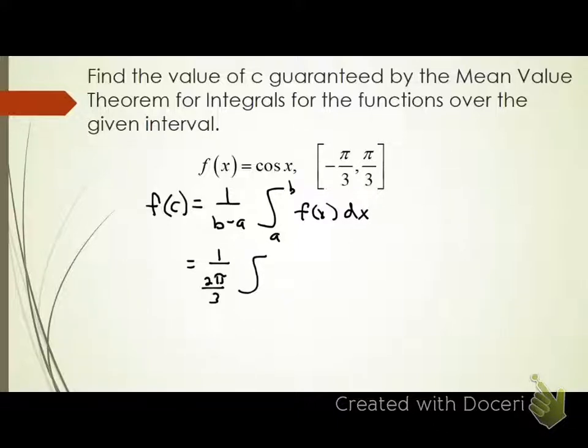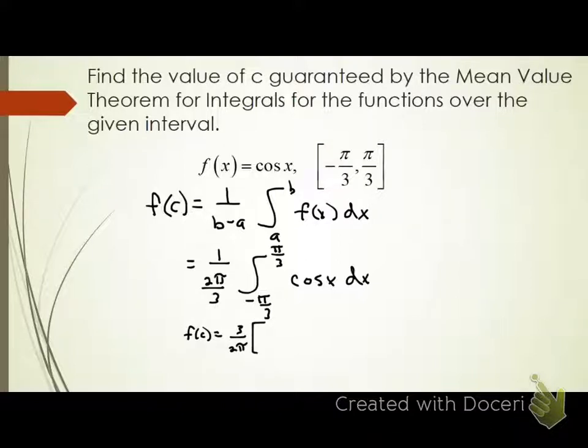From negative pi over 3 to positive pi over 3, cosine x dx. Still okay? So f of c equals, how about 1 over 2 pi over 3? Isn't that 3 over 2 pi? Let's think of it that way.